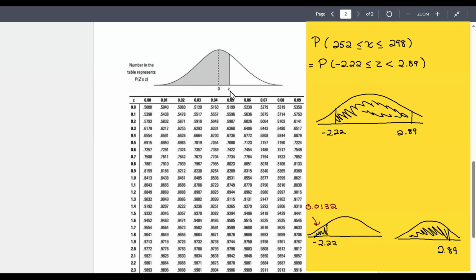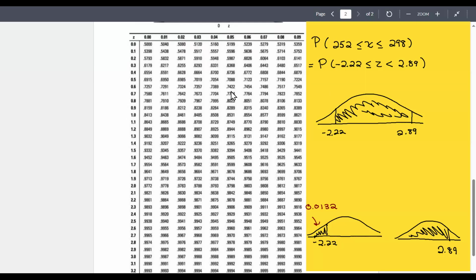So we go to my other table. All right, just barely fit this on here. So I'm going to need 2.8 right here. And then we're going to need that 0.9, which is right here. So we see that this area here is going to be 0.9981.